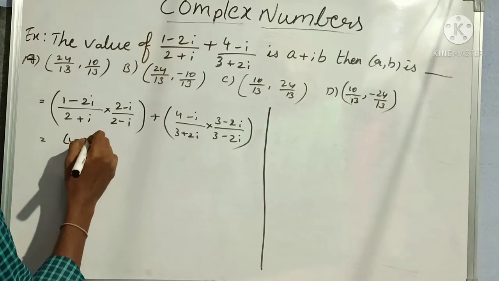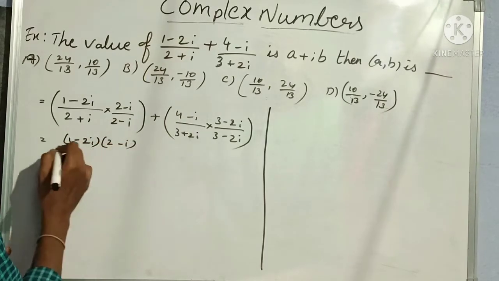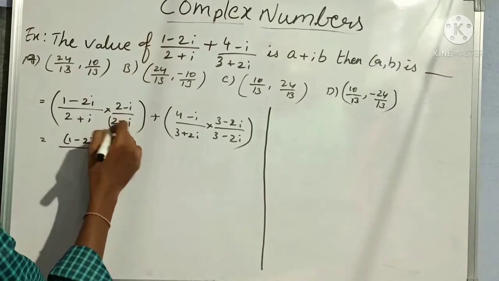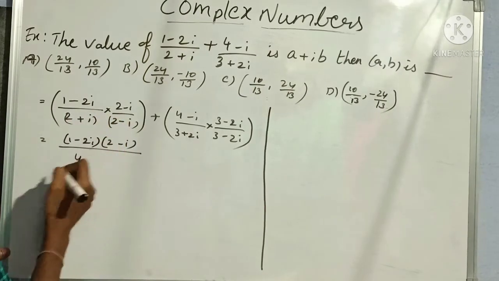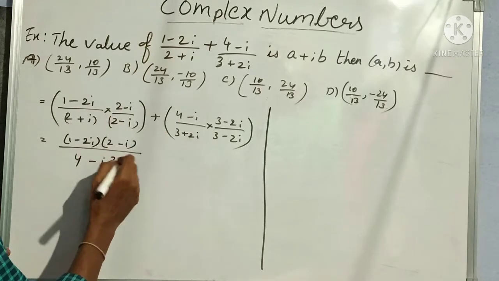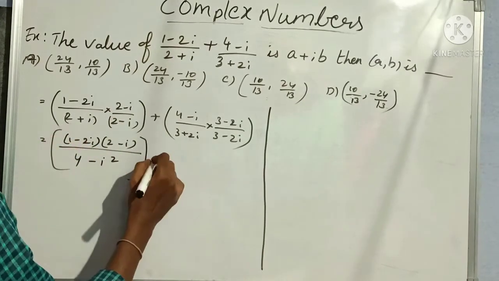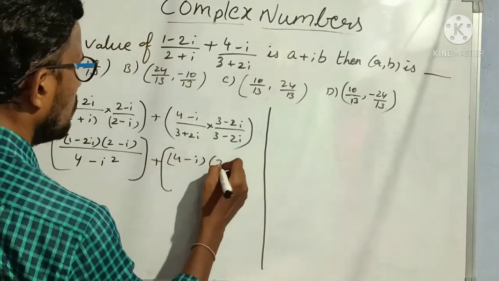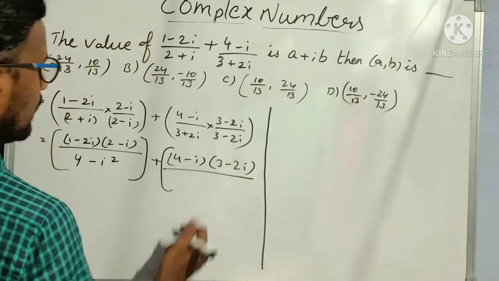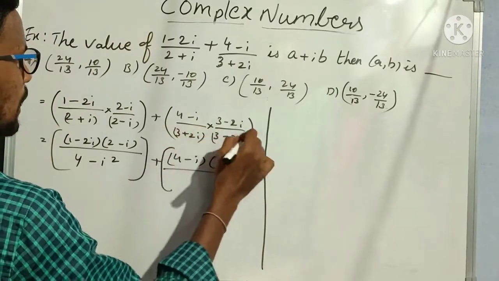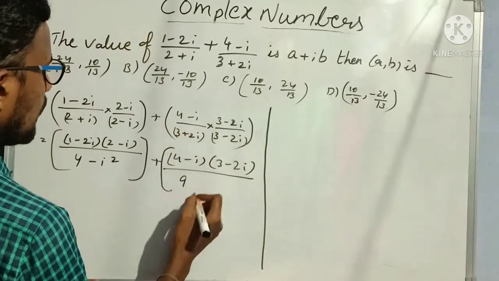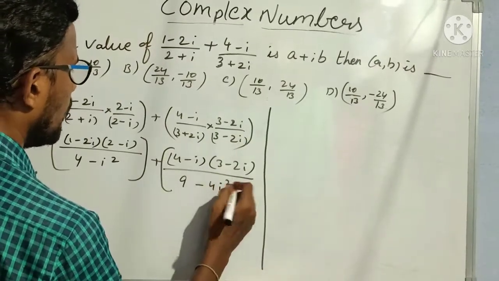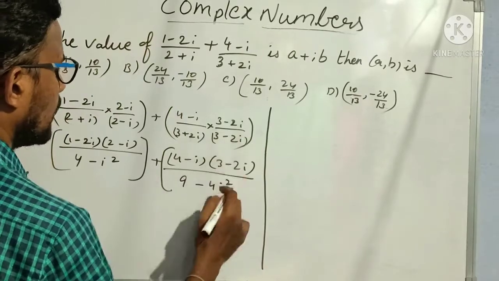So (1 minus 2i) into (2 minus i) by (2 plus i) into (2 minus i). (a plus b) into (a minus b) is a square minus b square. So 2 square is 4 minus i square. Plus, again I can write (4 minus i) into (3 minus 2i) by, here also (a plus b) into (a minus b), so a square minus b square. So 3 square is 9 minus 4i square. 2 square is 4, and i into i is i square.